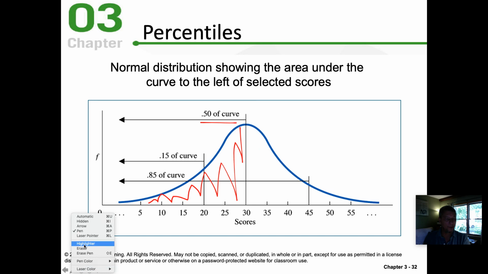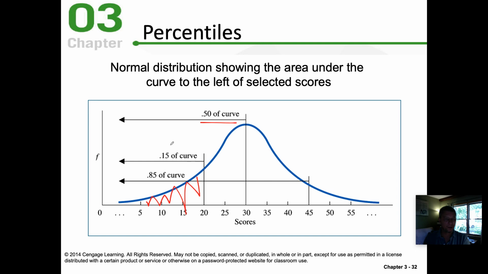Okay. But if we get rid of that and look at just this area, whoops, that's an eraser. That's not helpful. This area here represents 15% of the curve. And then finally, this area from here, all in there, that represents 85% of the curve.